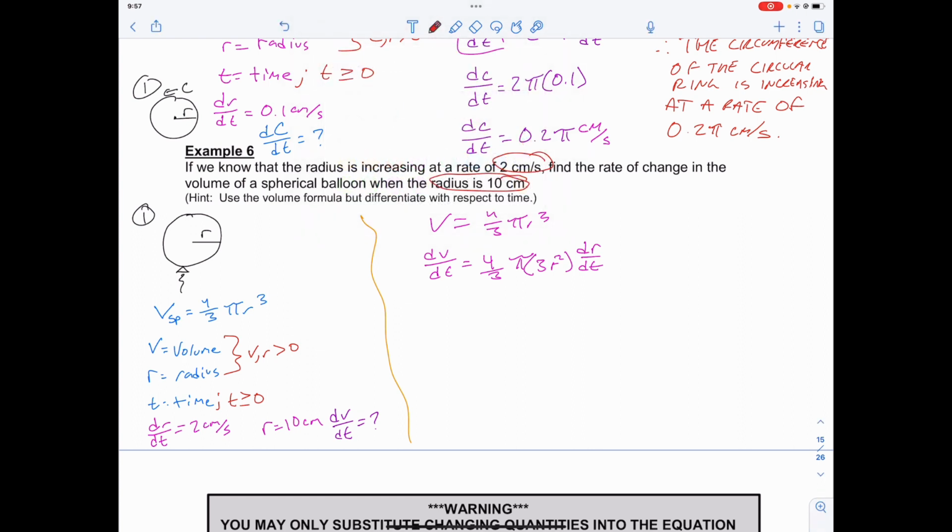And that times by 3 and divide by 3 are just going to cancel each other out. We still know that this is all when r is equal to 10.